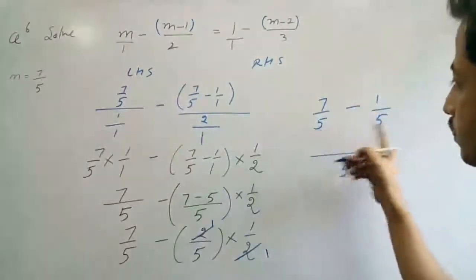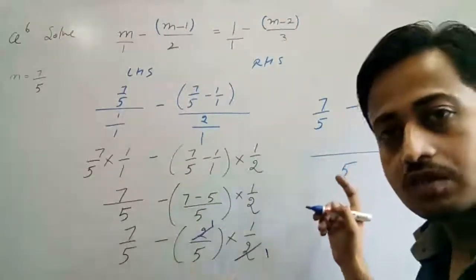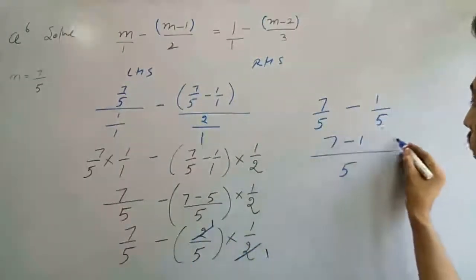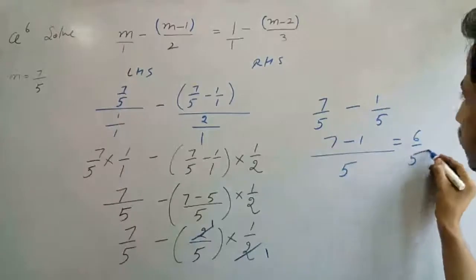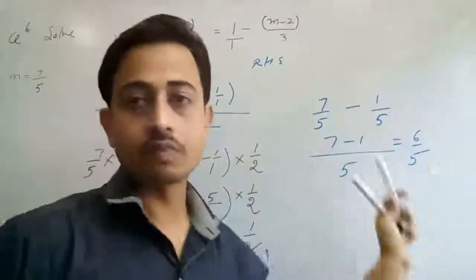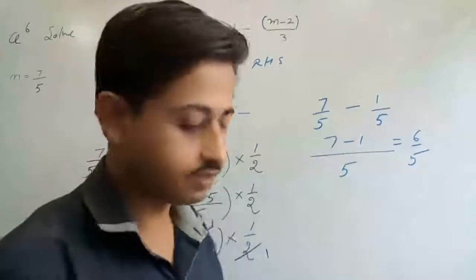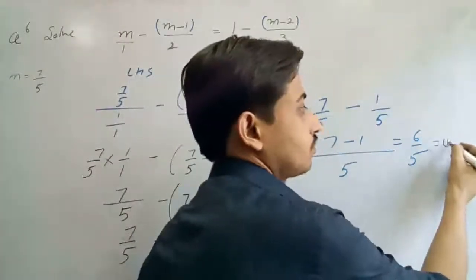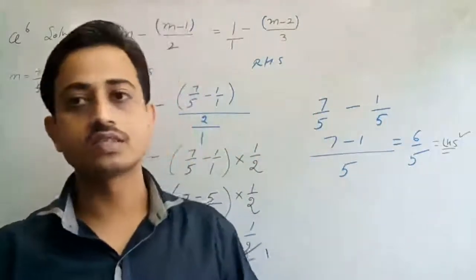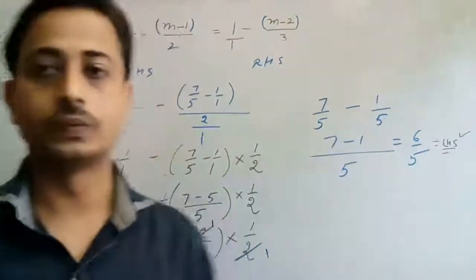So if the base is the same, we write the terms of the numerator over it. 7 minus 1, we get 6 by 5. So please make a note of 6 by 5 as the left hand side. First we note this, then we do the verification with the right hand side also.